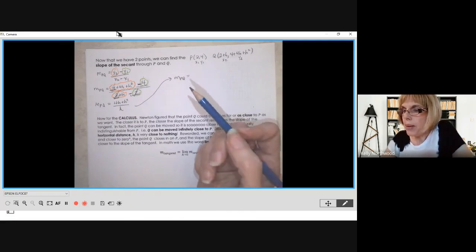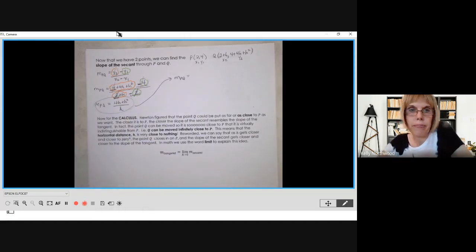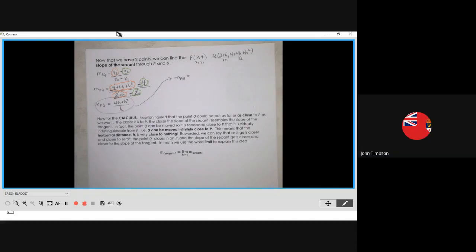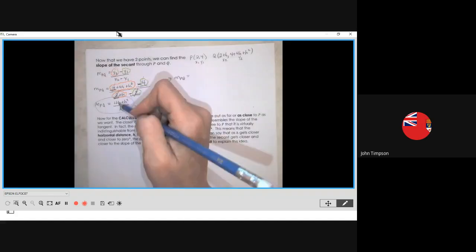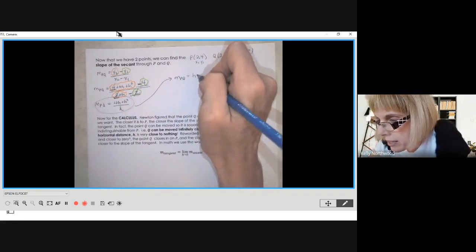Okay. All right, so my question to you guys is, is this simplified as much as it can be? No. What could I do? You could divide the h out of both the terms. Okay, so I could divide the h out. I'm going to say common factor, but it's the same thing, John.